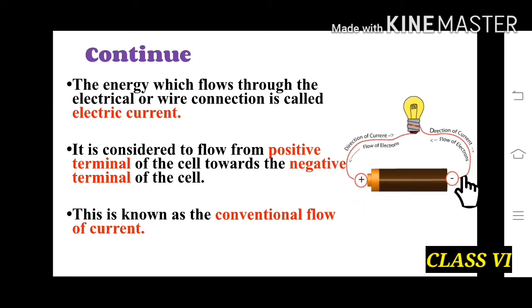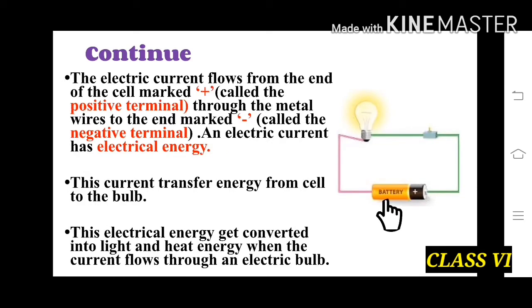In this picture we can see the electric current flows from the end of the cell marked with the plus sign, that is the positive terminal, through the metal wires and to the end marked with the minus sign, called the negative terminal. An electric current has electrical energy.